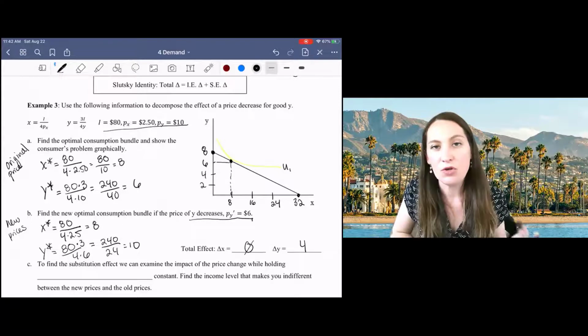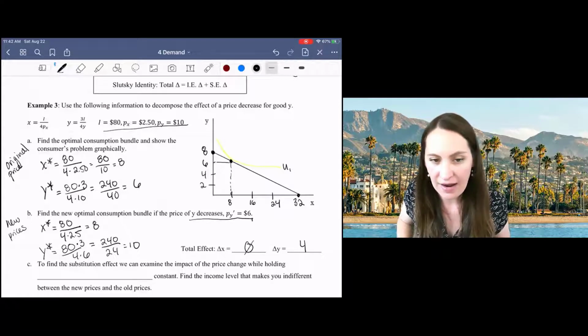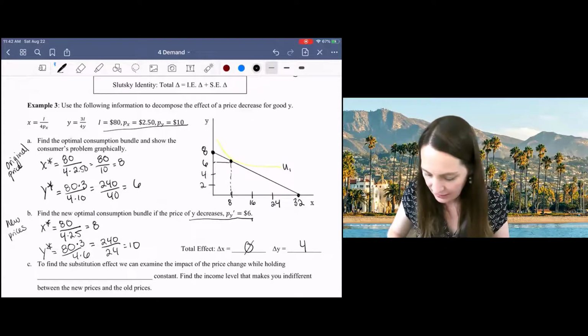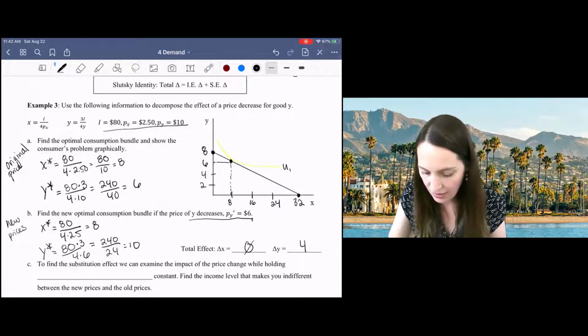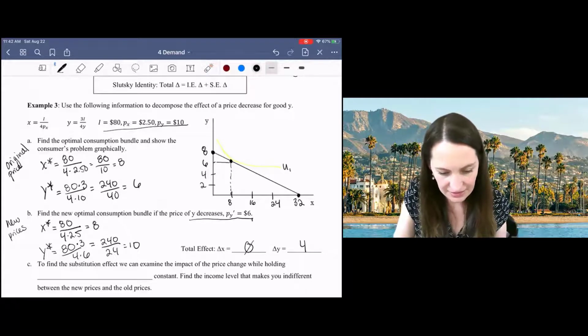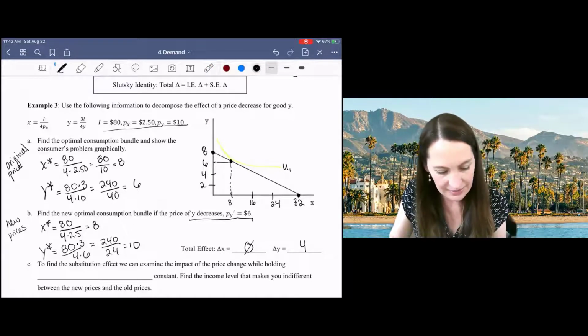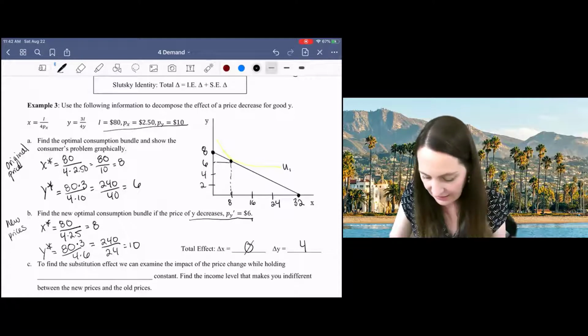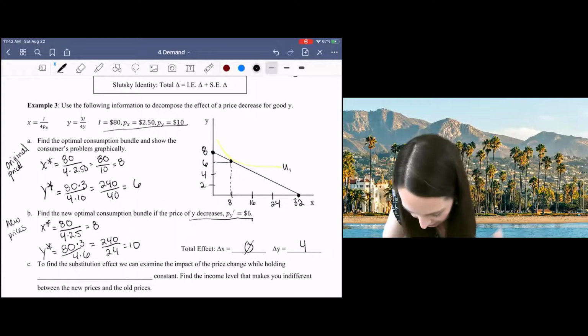I'm going to draw my new budget constraint on the graph. The intercept for x will remain the same because the price of x has not changed, but the intercept for y will increase. So I'll take 80 divided by 6 to get that intercept, and that's going to give me something like 13 1/3.